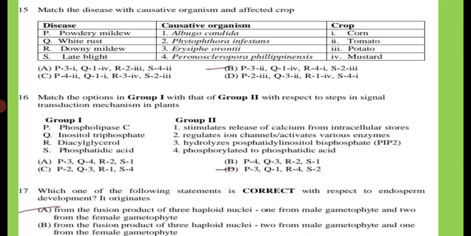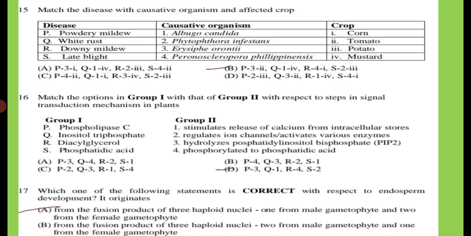Then from group 1, diacylglycerol or DAG. DAG gets phosphorylated to phosphatidic acid, and diacylglycerol activates protein kinase C. Then S from group 1, that is phosphatidic acid. Phosphatidic acids are anionic phospholipids important to cell signaling and direct activation of lipid gated ion channels.